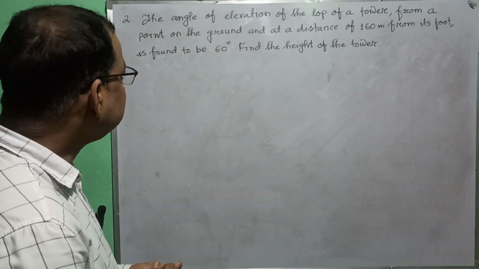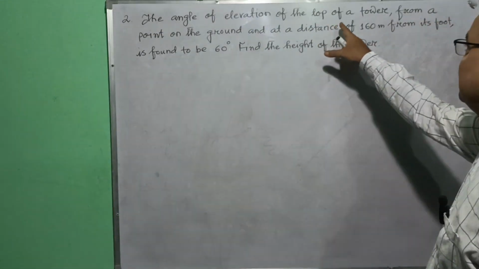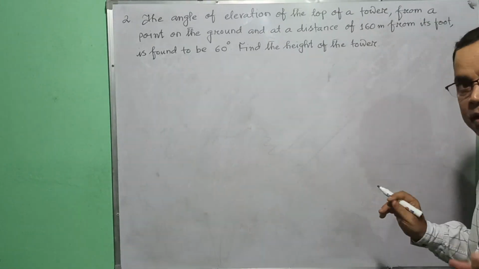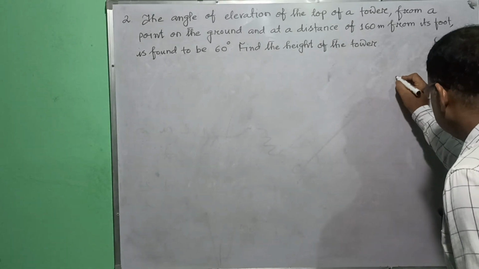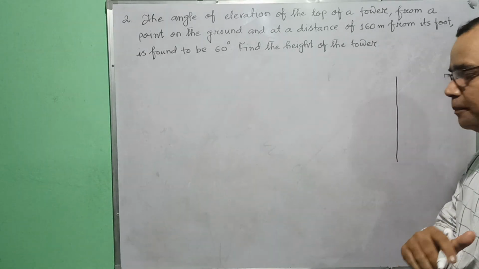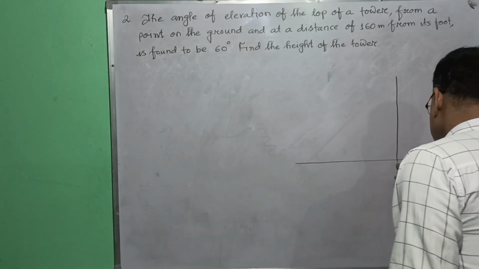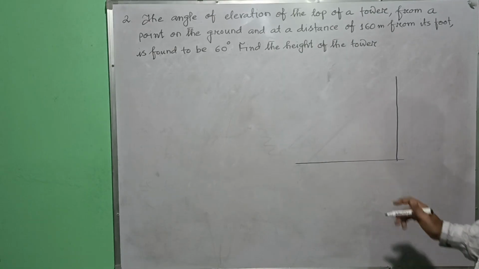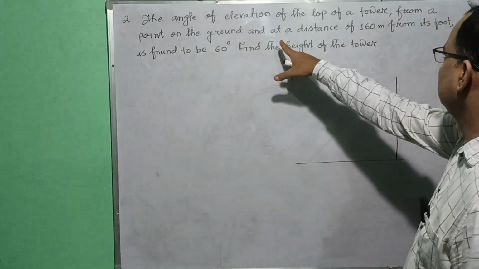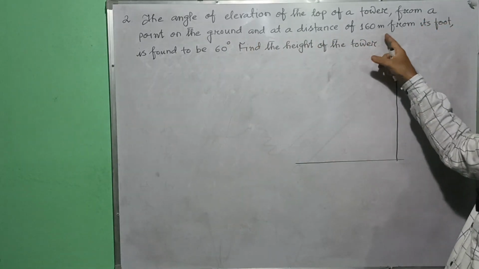Now in this question you can see that it is given the tower. So first of all, how to draw the figure? First of all, you have to draw a line which is representing the tower and the level ground. Now as it is given, from a point on the ground and at a distance of 160 meters.